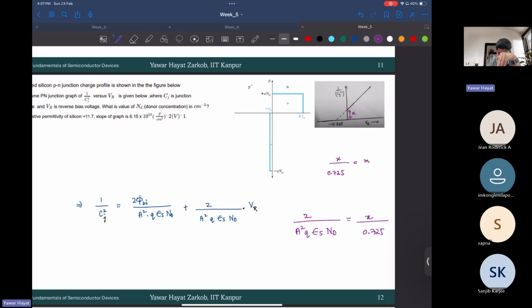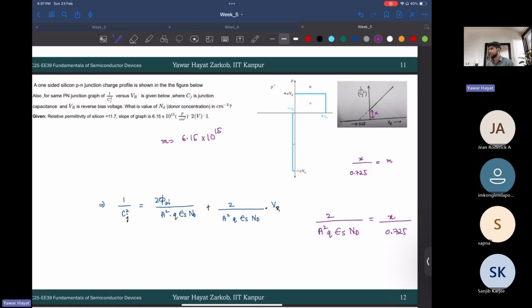So your m is 6.15 into 10 to the power 15 farad per centimeter square, whatever the units, right? So you can use this m to find what's x. You can substitute x here. That will give you Nd, because Nd is the only unknown.